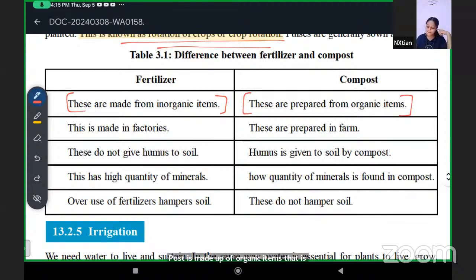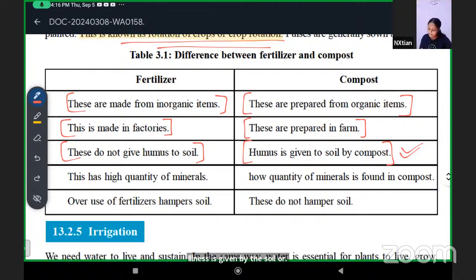Fertilizers are produced in factories, but compost is prepared on the farm by the farmers. Fertilizers do not give humus to the soil, but humus is given to the soil by compost.